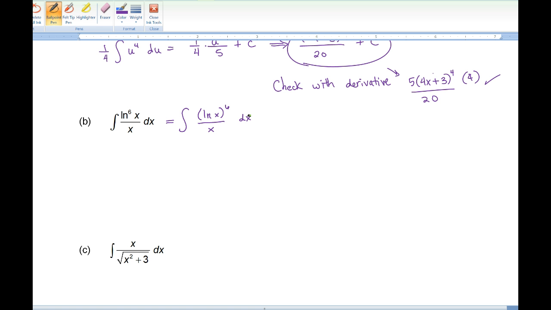So we're going to let u equal ln of x. This implies du equals 1 over x dx.